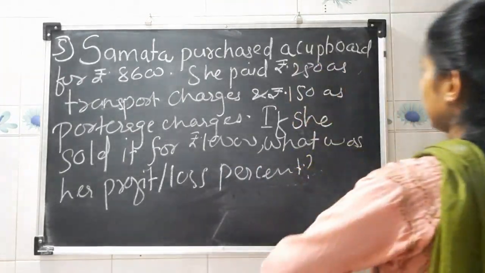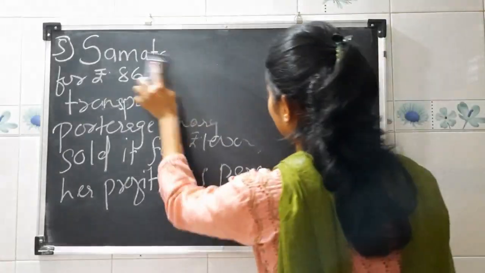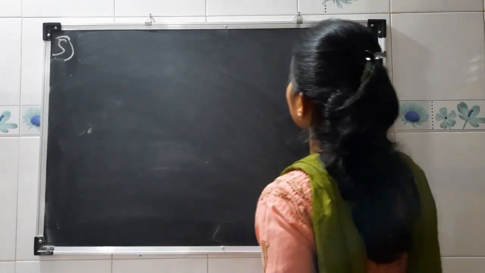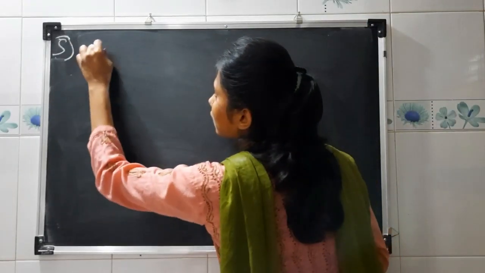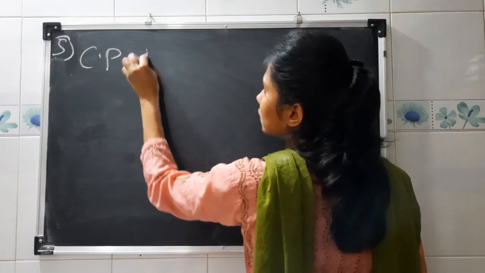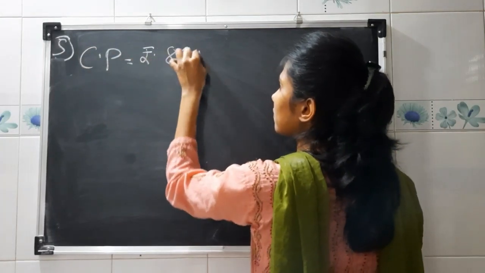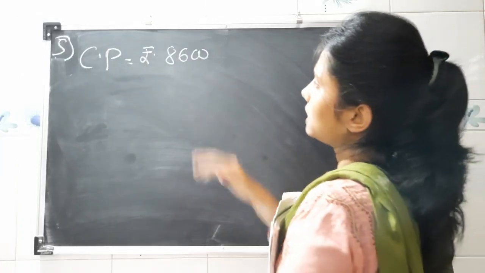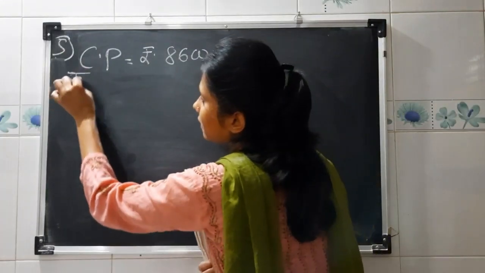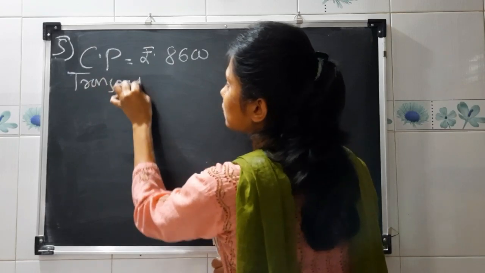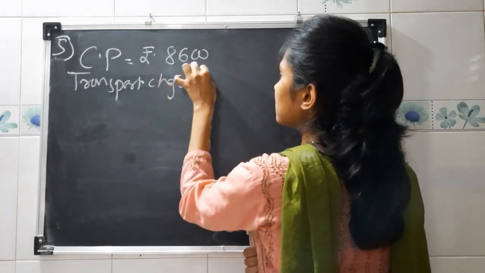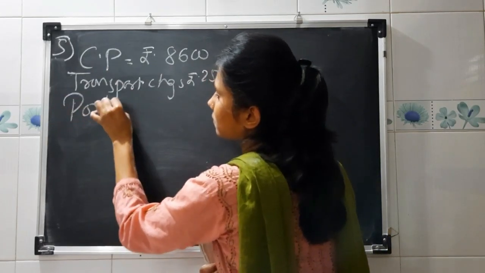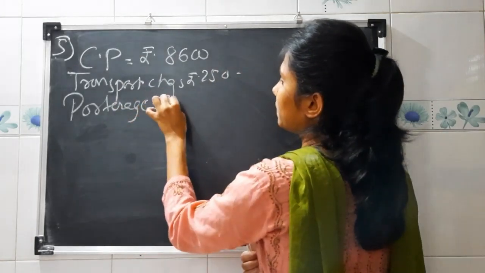Okay, so let's solve this sum. Cost price of a cupboard rupees 8,600. You have to write it fully. Then transport charges rupees 250 and porterage rupees 150.